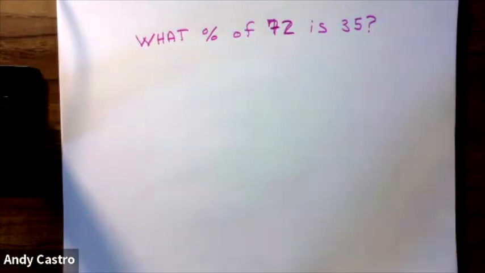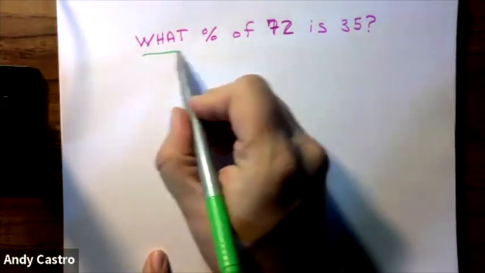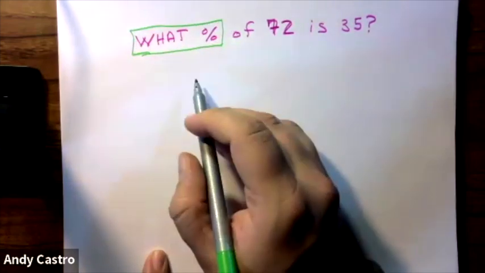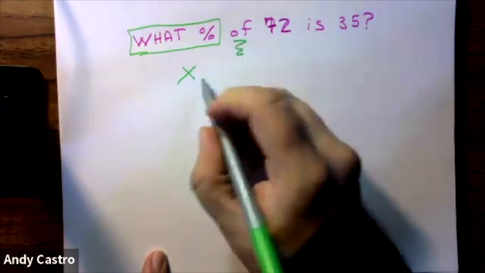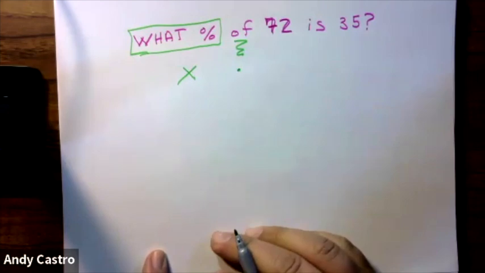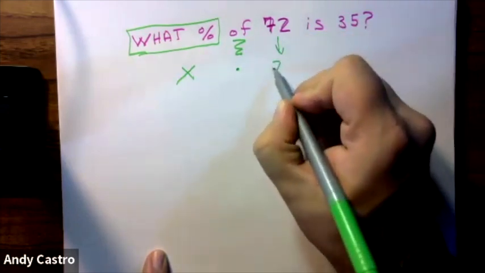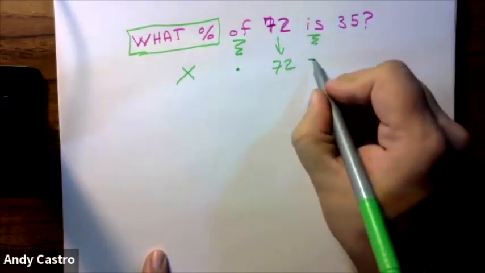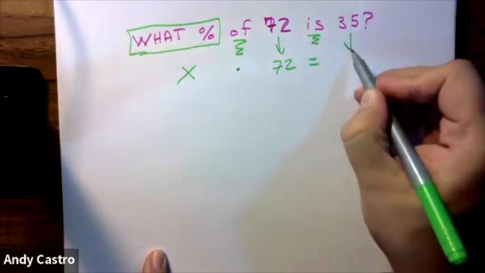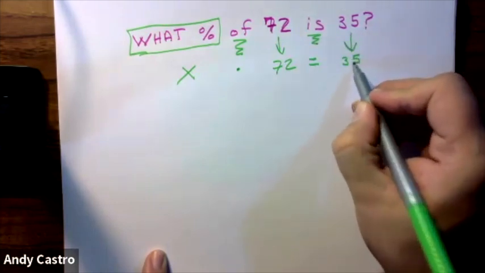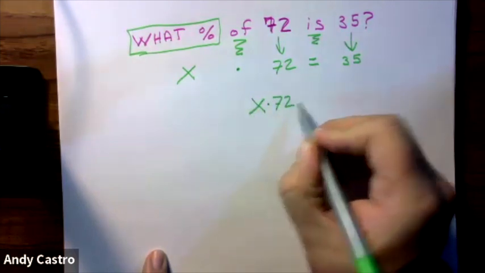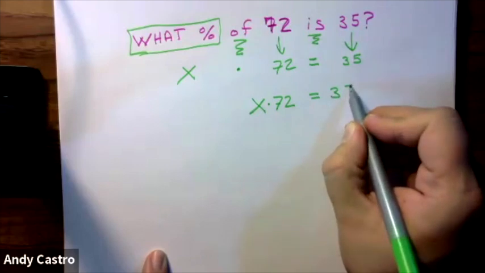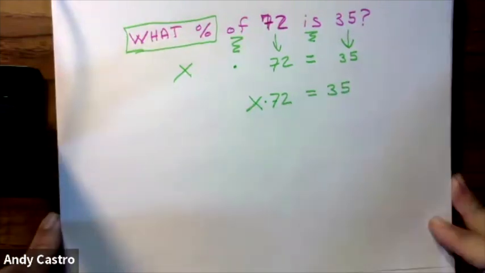Okay. So what percent, that's going to be our x, of, that's going to be multiplying, and then we have 72, that's our equal sign, and then 35. So x times 72 is 35.